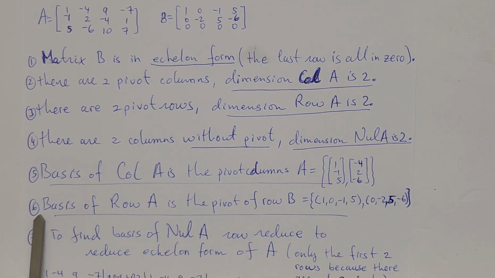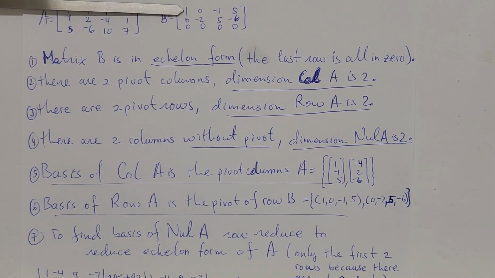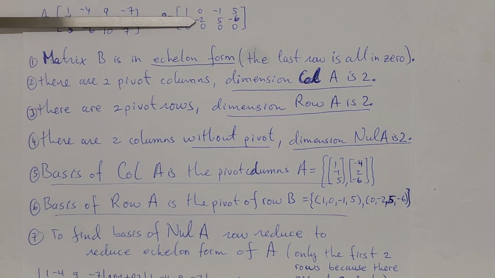Okay. Next, number 6. The basis of row A is the pivot rows of B. Here is pivot row 1, pivot row 2.